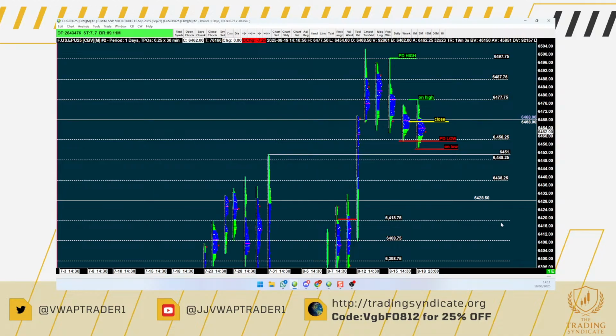So if you have unfilled buy orders, here's the mechanics behind it. If there are unfilled buy orders at a level, let's just take this level here, 64.68, and the market goes above and comes back down, the sellers will see those and go, let's get these guys to pay more.